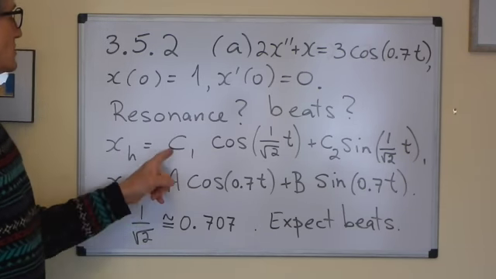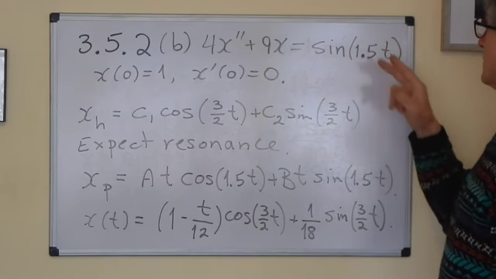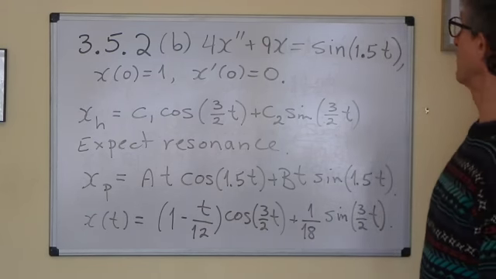You can see that I'm getting cosine and sine terms as well as terms that involve t. When I differentiate the second time, the exact same rule will apply. In the end, I'm going to get a t times something that gives 0, b t times something that gives 0, and then some terms that are not 0 in the left-hand side. And that's going to allow me to get sine of 1.5t on the right.